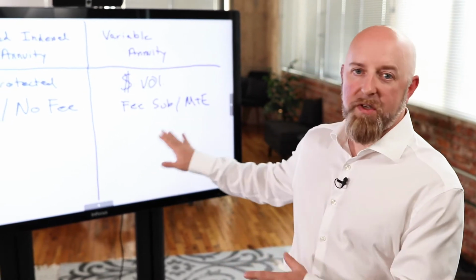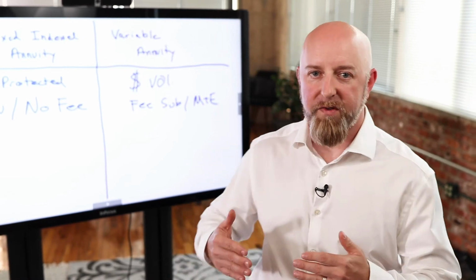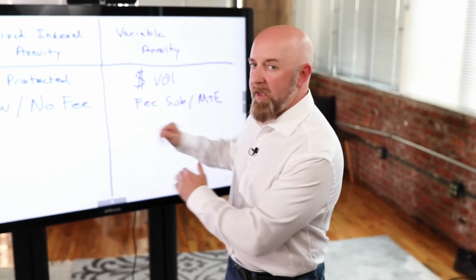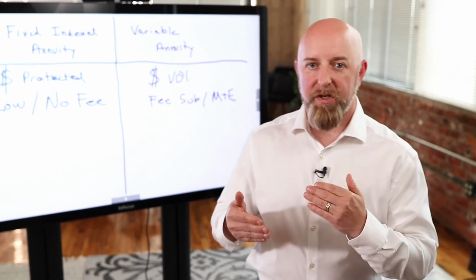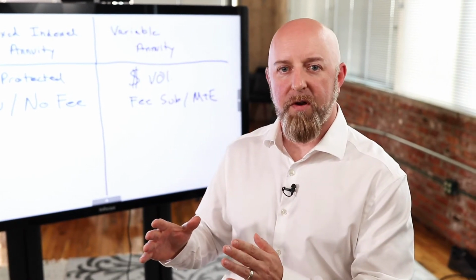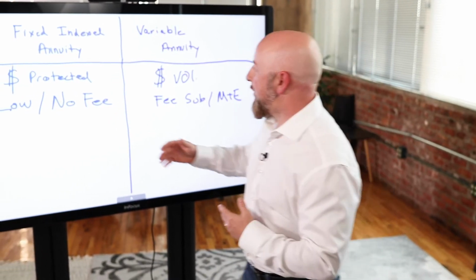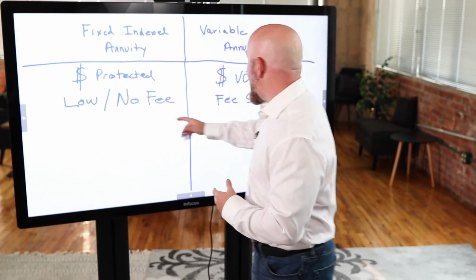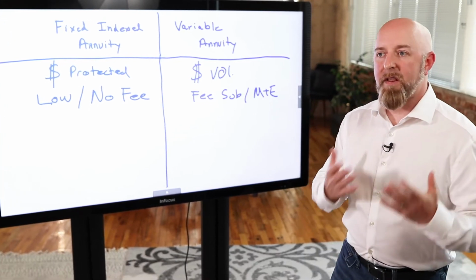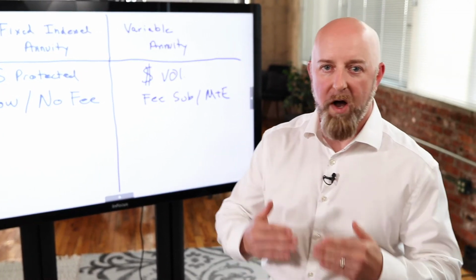So one of the things synonymous with annuities is riders, right? Both of these types of annuities can have riders. And the reason you would have riders is I'm using these for accumulation today. But what does my distribution look like in the future? What are some of the riders that are available? Well, for a fixed indexed annuity and for variable annuities, a lot of times these companies are going to have an income rider. Why?